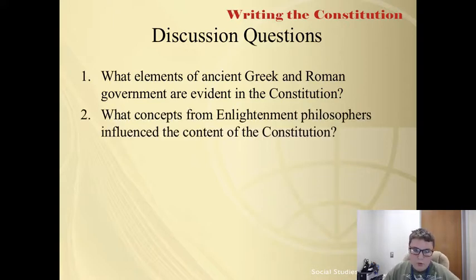What concepts from Enlightenment philosophers influenced the content of the Constitution? Thomas Hobbes' theory of the social contract was used in part to establish the relationship between citizens and government.